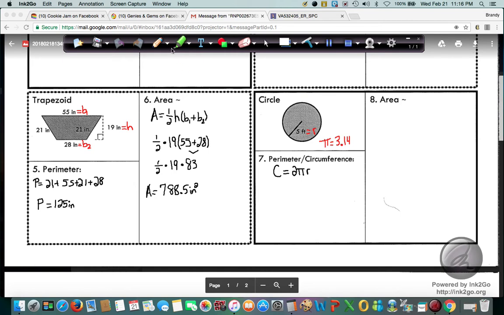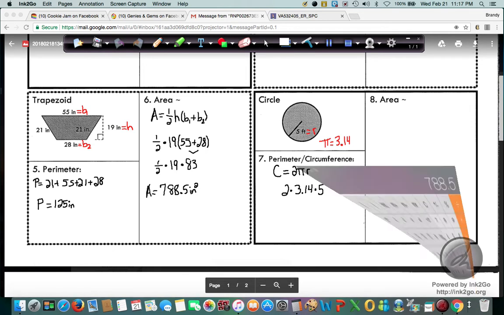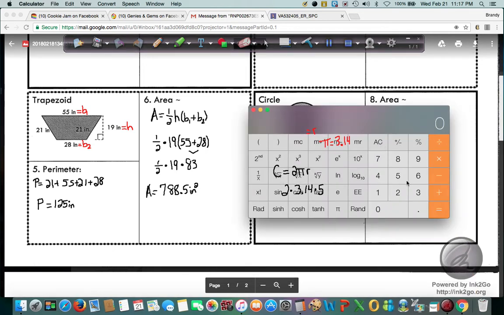Now that we've labeled and we have our formula, let's plug in our information. So we're going to have 2 times, we decided pi was 3.14, times our radius, which for this example is 5. So you get your calculator and you say 2 times 3.14 times 5, and that gives you 31.4. 31.4 is the circumference.